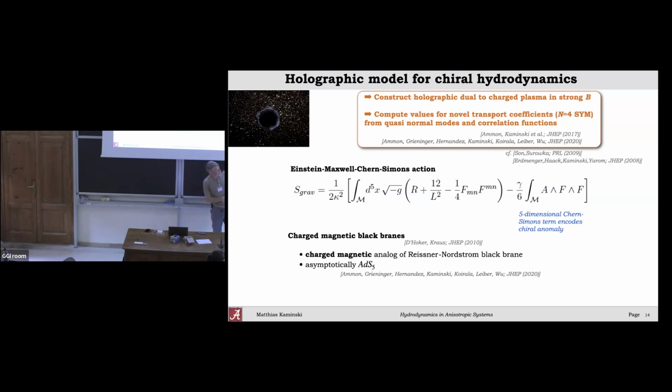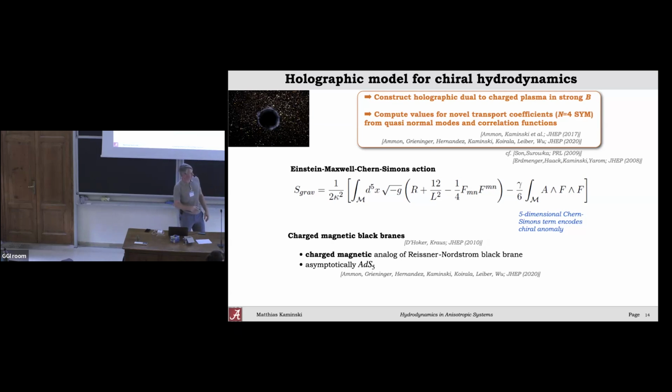So you have this Einstein-Hilbert piece with the negative cosmological constant here. You have the Maxwell term F squared here, which encodes the dynamical electromagnetic fields in the bulk, which are dual to a global external field in the boundary. And we have a 5-dimensional Chern-Simons term that encodes the chiral anomaly in the dual field theory.